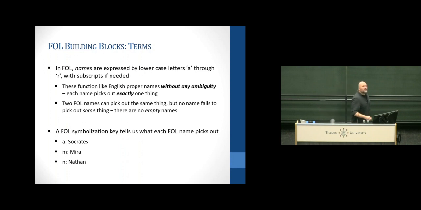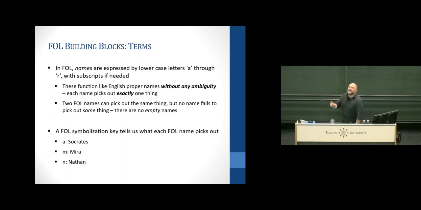Names are going to be expressed by lowercase a through R, and if we need the subscripts, we can use the subscripts, right? So you can write the numbers underneath. How do they function? They function just like English proper names. That is, they pick objects out, but they give you no descriptive qualities of the thing. It's just a way to kind of tag or label an object.